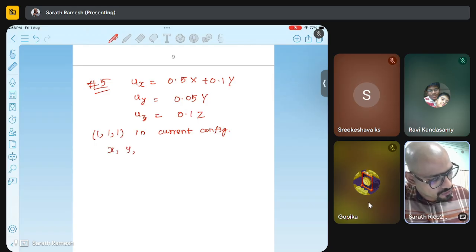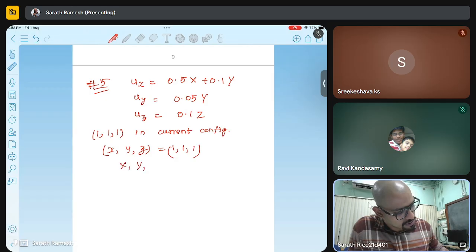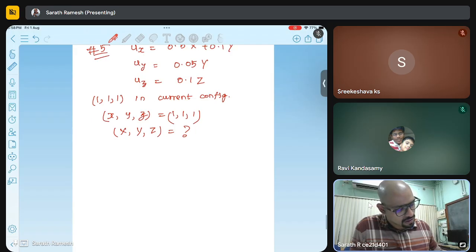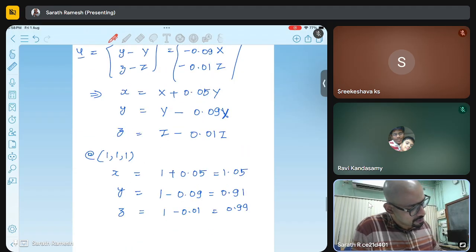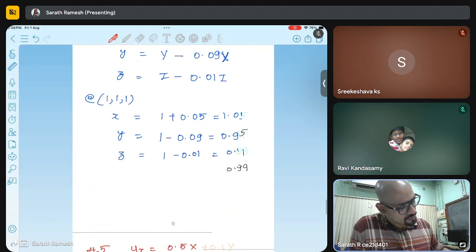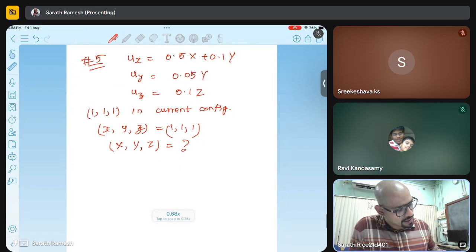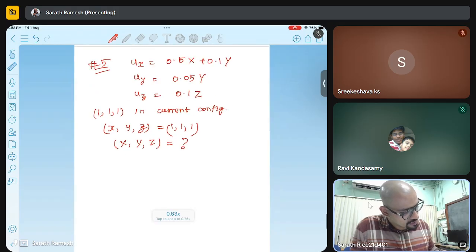This is small x, small y, small z. We need to find capital X, capital Y, capital Z in the reference configuration. In the last problem it was the other way around. Now it is the vice versa case. So let's solve it as before.